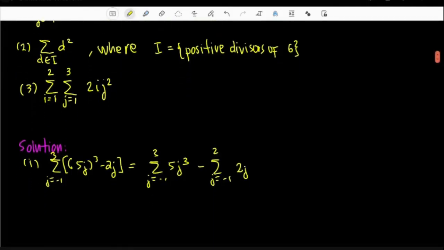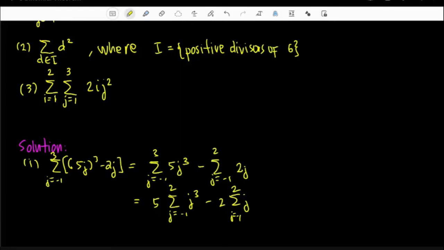We can further apply properties of summation, so we can factor out the coefficient 5 on the first sum and the coefficient 2 on the second sum. So we have 5 times the summation j equals -1 to 2 of j cubed minus 2 times the summation of j from -1 to 2.